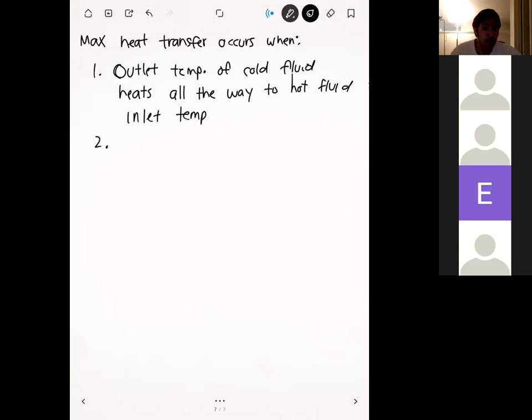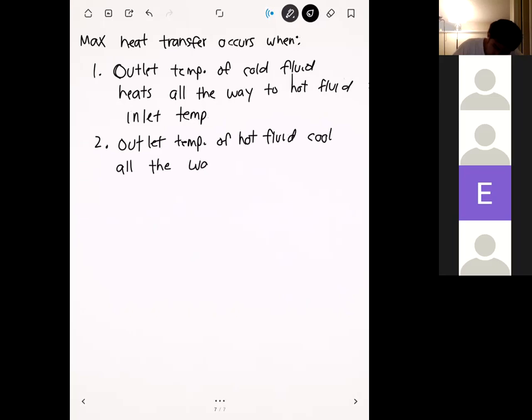That's one way to achieve max heat transfer. And the other one is kind of the reverse: the outlet temp of the hot fluid cools.